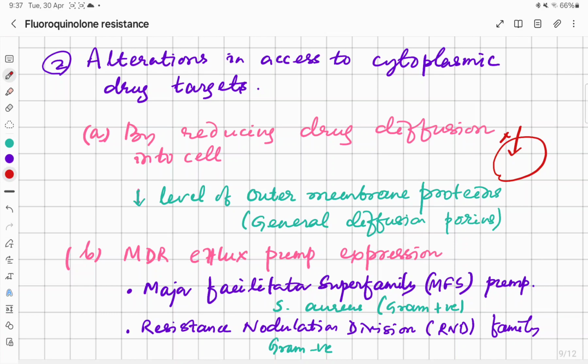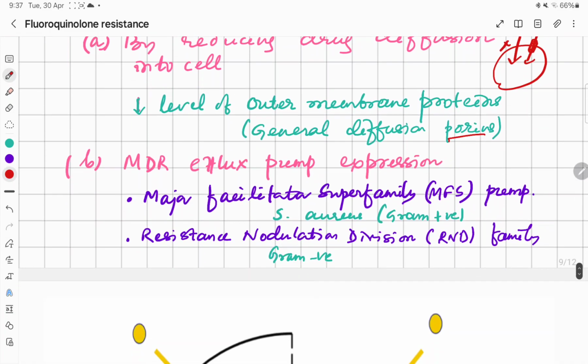This occurs because of the decrease in level of the outer membrane proteins called porins. There are structures called porins which help in entry of the fluoroquinolone into the cell. So if there is modification of these porins, then there will be no entry of the drug into the bacterial cell, so that will cause resistance.